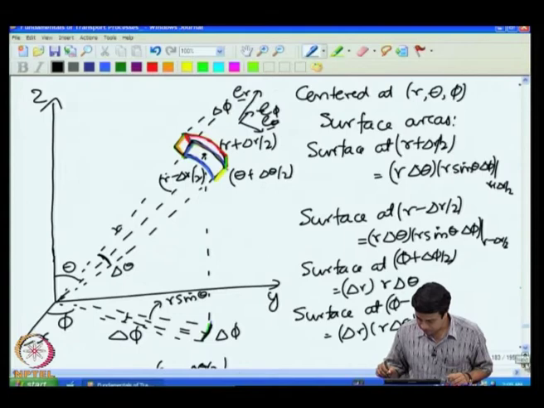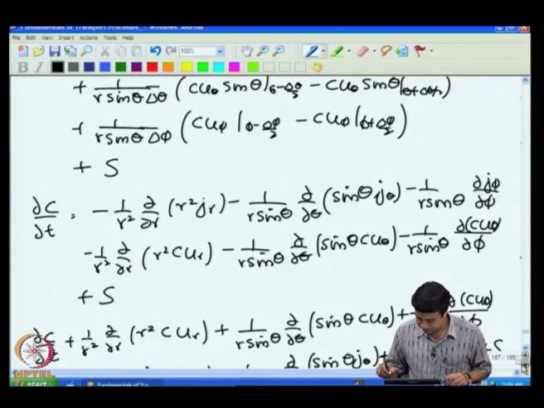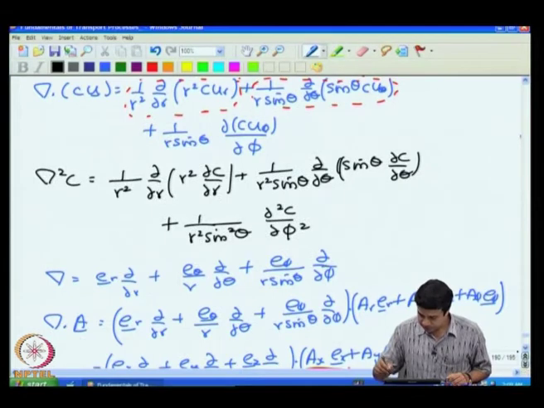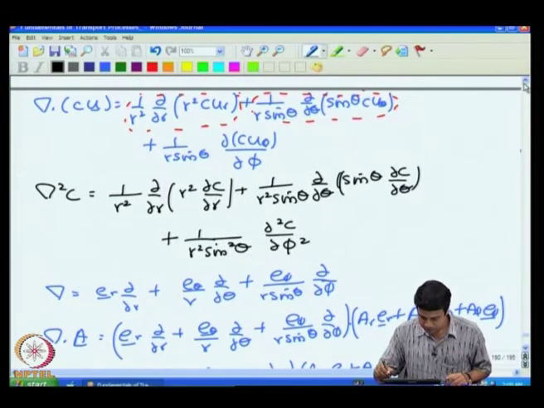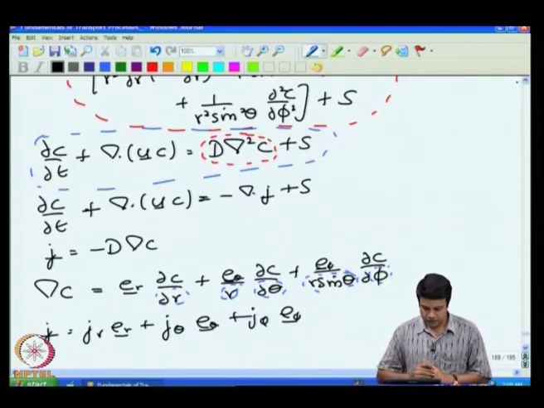As we saw, in all the coordinate systems, the balance equations could be reduced to the form given here circled in the blue: partial c by partial t plus divergence of u vector times concentration, where u is the mean velocity, is equal to D times the Laplacian of c plus any sources or sinks.